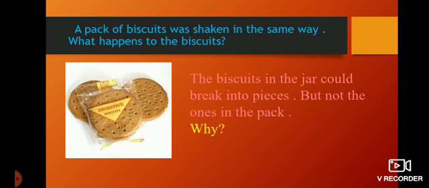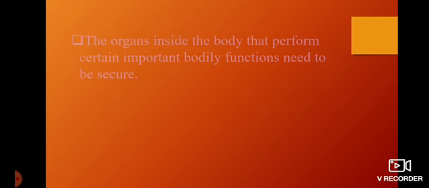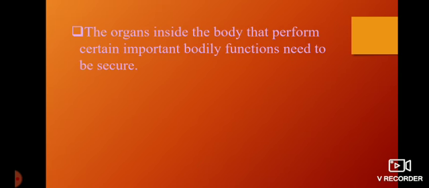If our body parts are in the particular body structure, if they are situated in a proper way, they will not break down. The organs inside the body that perform certain important bodily functions need to be secure, in a secure place.